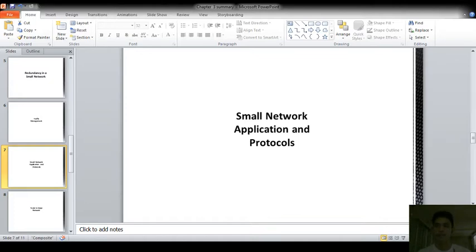And of course, we're going to be dealing with real-time applications. Here there are basic components, which are the real-time applications, IP telephony, VoIP, and the infrastructure.